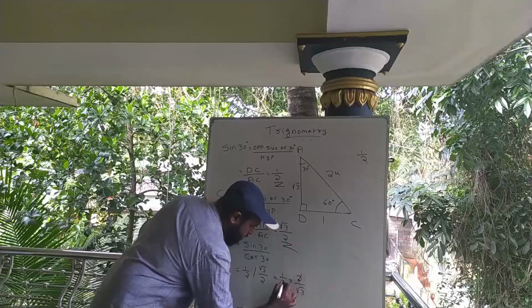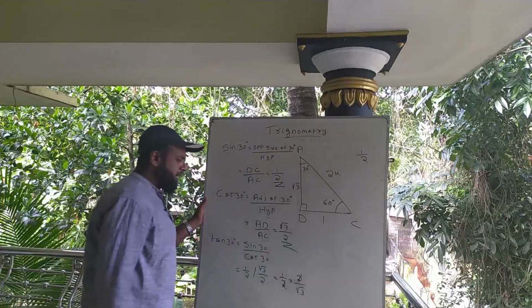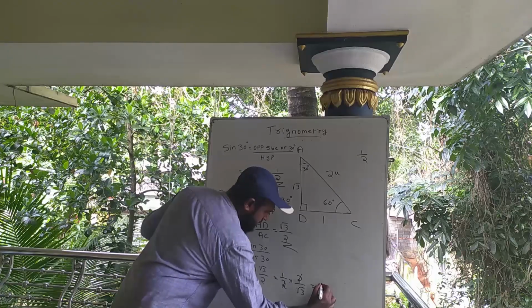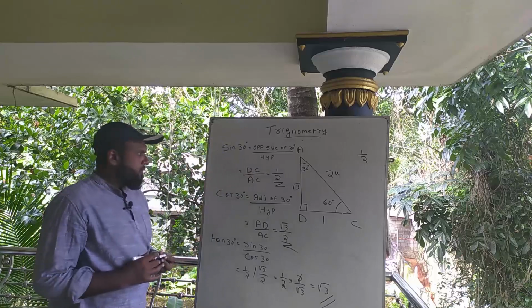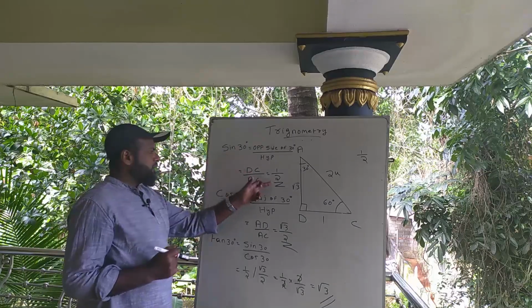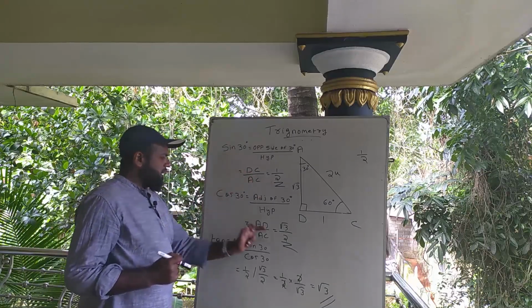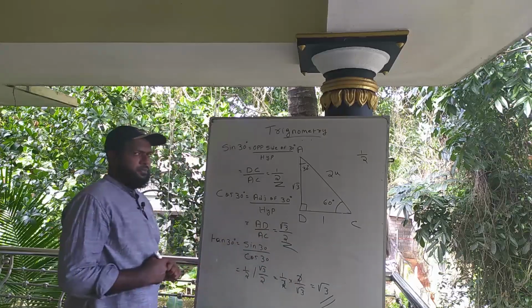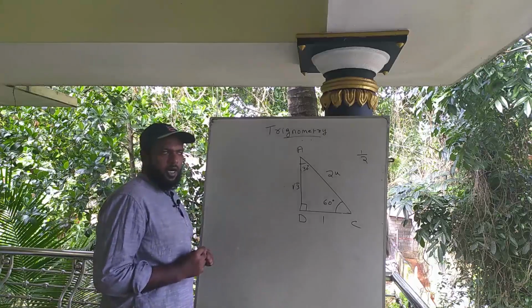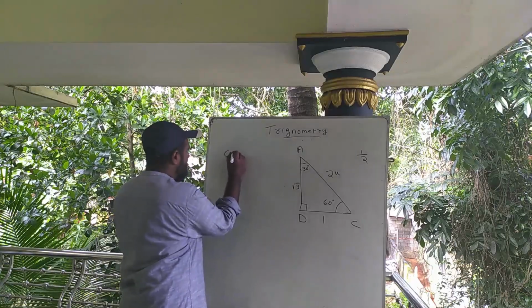We can cancel both 2's and we will get 1 by root 3. So we got sin 30 equal to 1 by 2, cos 30 equal to root 3 by 2 and tan 30 equal to 1 by root 3. Then we have to learn what is cosec 30.